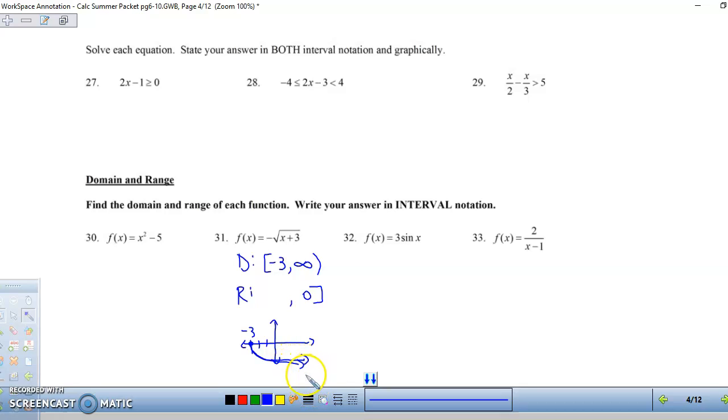As x goes out to infinity, y will actually go out to negative infinity. So you start at negative infinity, and then you're coming up, and then your final y value would be at 0. So this would be your domain and your range. So you want to use that same logic for the other domains and ranges.